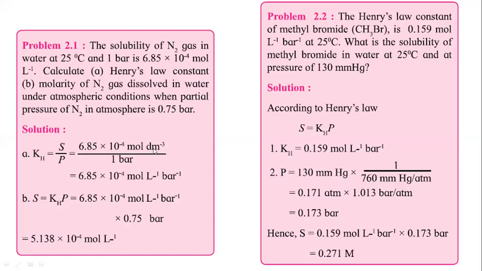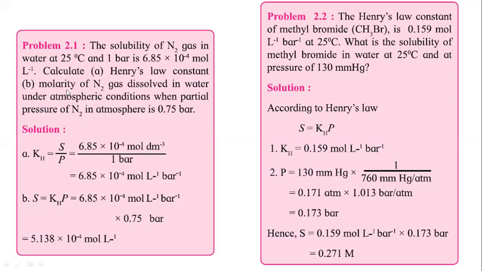And the second one, we have to calculate the molarity of N2 gas dissolved. See here, S is equal to KH P. So solubility is equal to KH into P. Now you know the value of this KH, and the pressure is also given here, 0.75 bar.